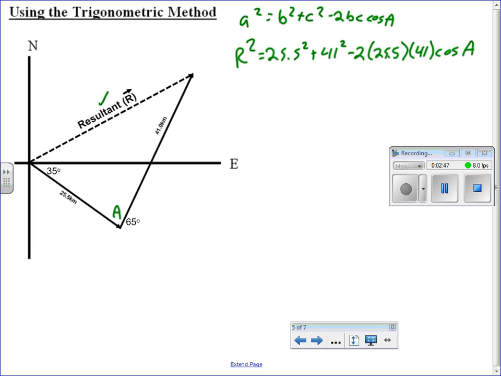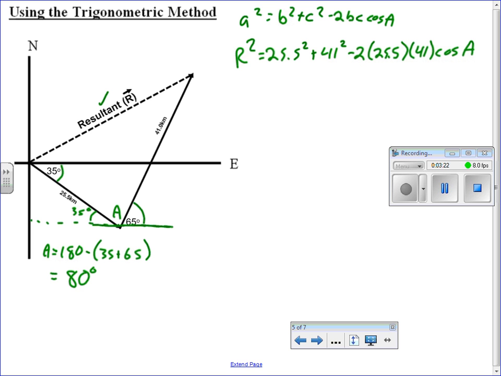Since this angle here is 35 degrees, this angle here has to be 35 degrees. And since this angle is 65, right here, we know that the 3 angles, 35 degrees, 65 degrees, and A, come out to a straight line, which is 180 degrees. So A is 180 minus (35 plus 65), which gives us an angle of 80 degrees for A. So we have all these values up here.